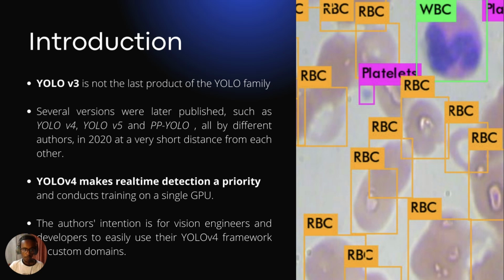The authors' intention is for vision engineers and developers to easily use the YOLOv4 framework in custom domains. So they wanted to improve the YOLOv3 network, which was the final work of Joseph Redmon, and make it more efficient so that it could be trained and deployed in custom domains.